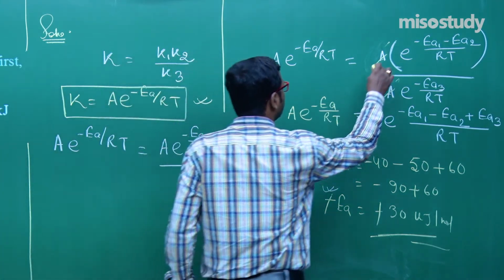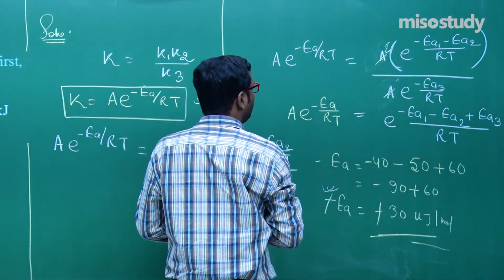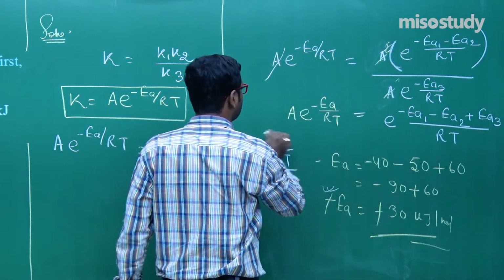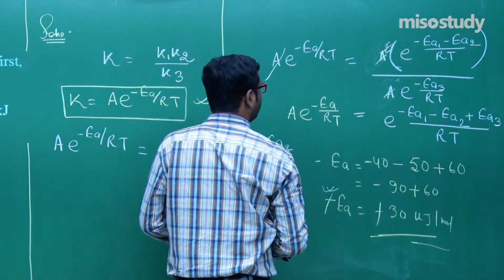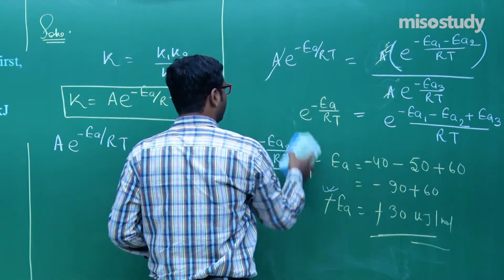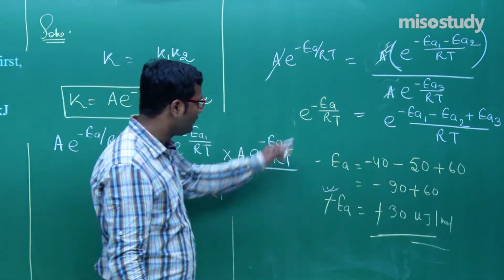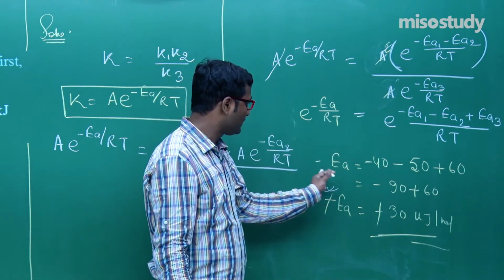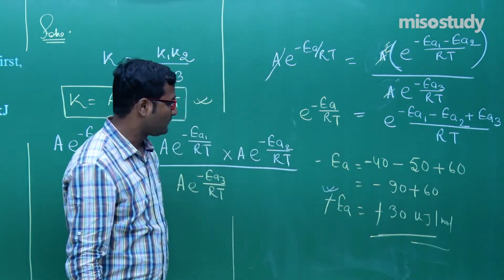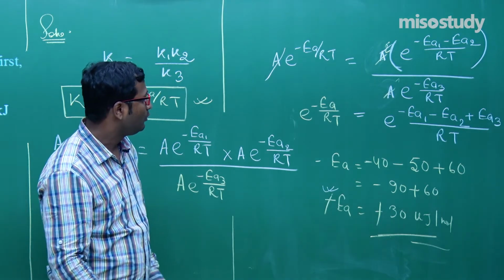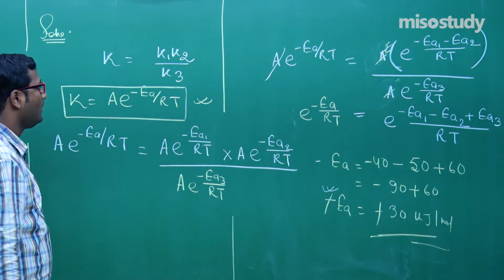So one more thing, we have to put A square. This will cancel and this will cancel this one. Overall they will cancel each other. That is A e^(-Ea/RT). So Ea is equal to, RT will cancel each other, minus Ea is equal to, that is finally Ea is equal to plus 30, that is kilojoule per mole.